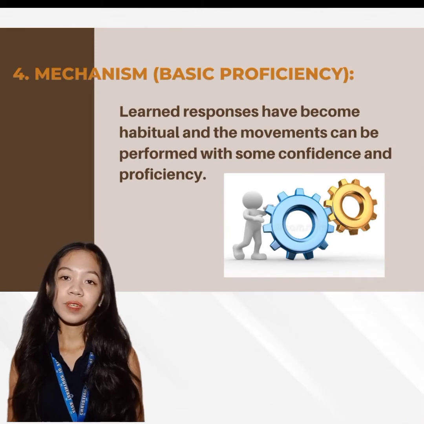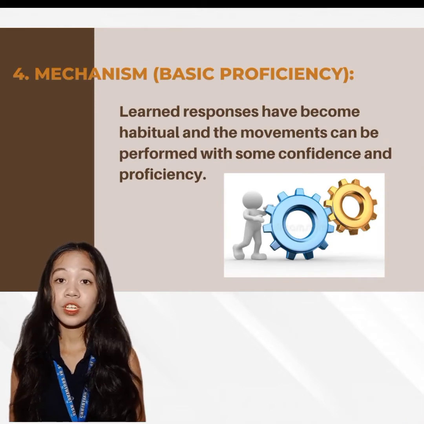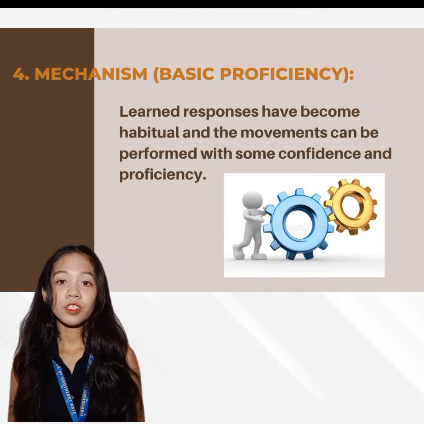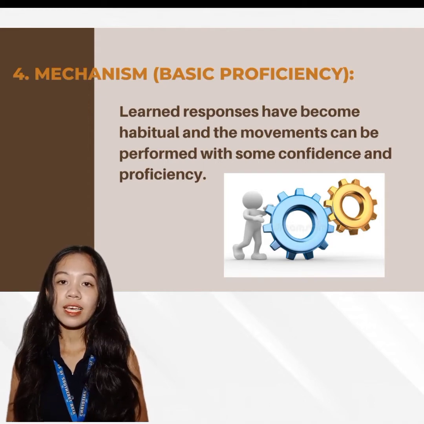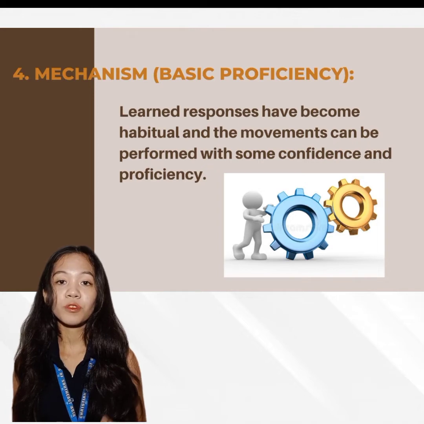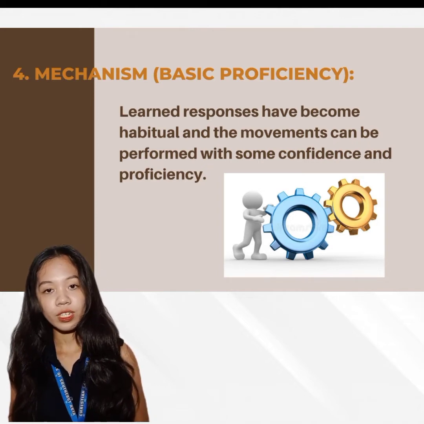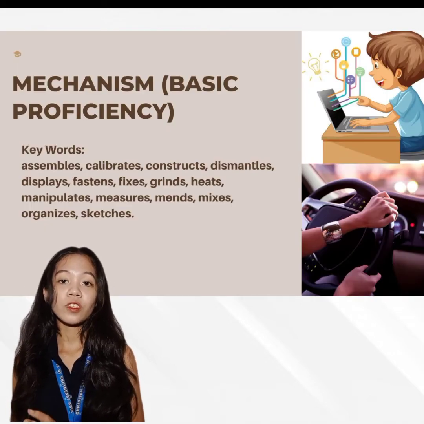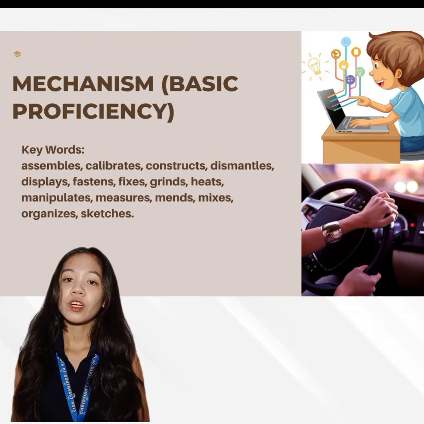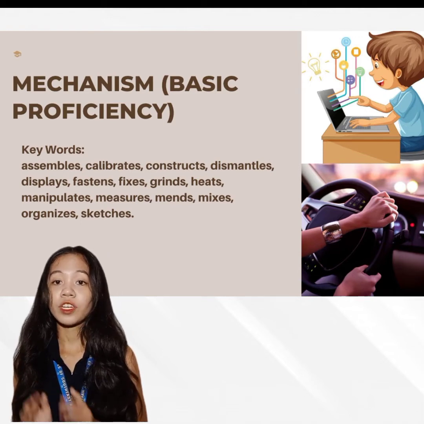The fourth one is the mechanism. This is the basic proficiency. This is the intermediate stage in learning a complex skill. Learned responses have become habitual and the movements can be performed with some confidence and proficiency. Examples are using a personal computer, repairing a leaking faucet, and driving a car.